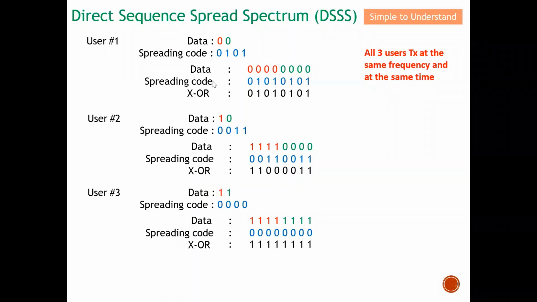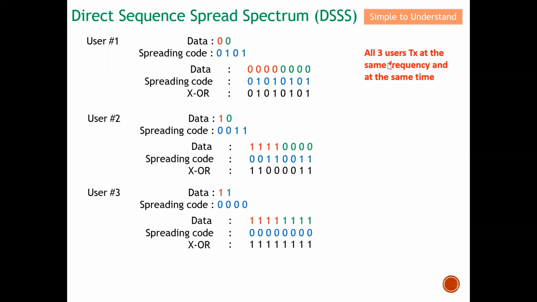Instead of using words to describe what direct sequence spread spectrum is, I have decided to use this example to show it to you. For example, there are three users. The three users transmit at the same frequency and also at the same time.